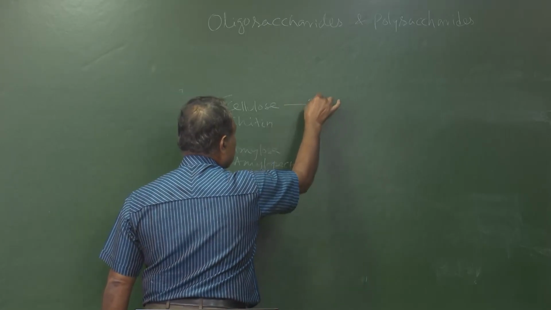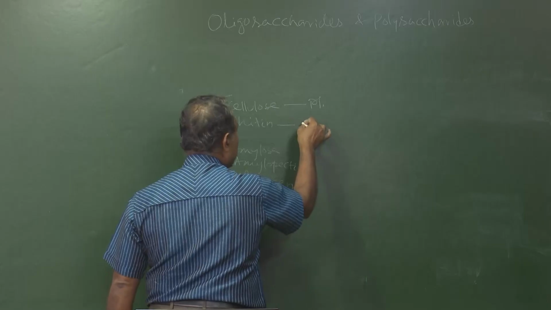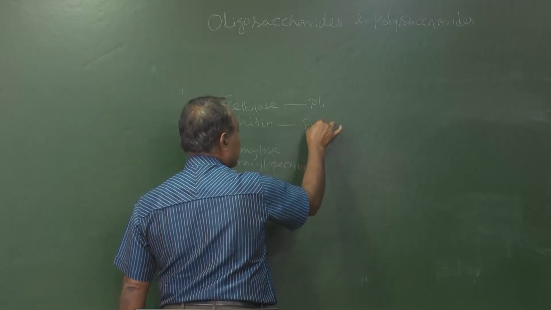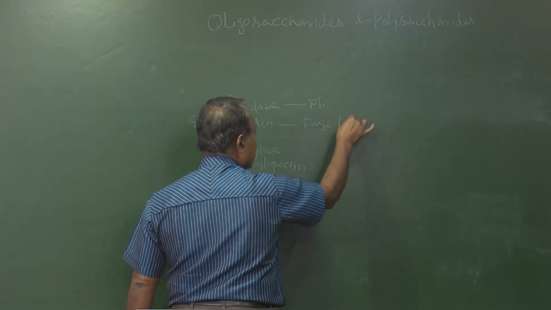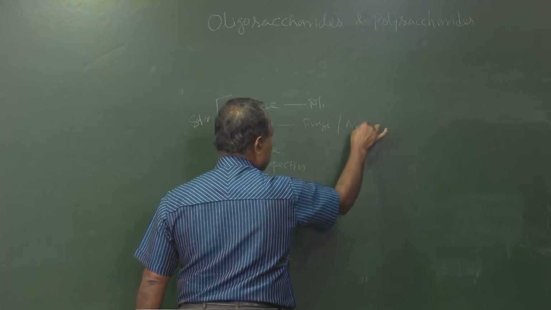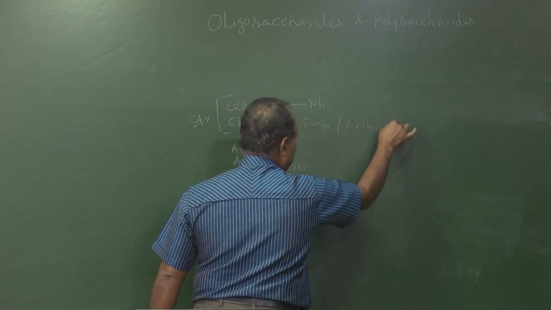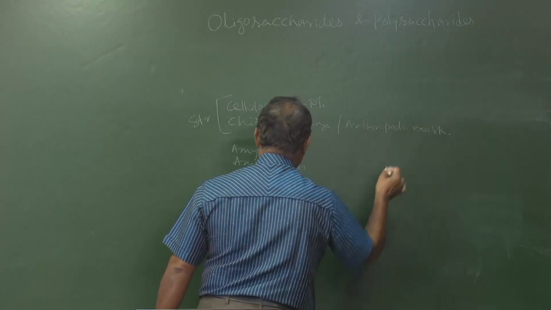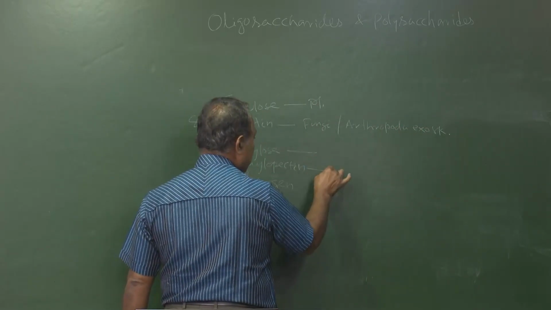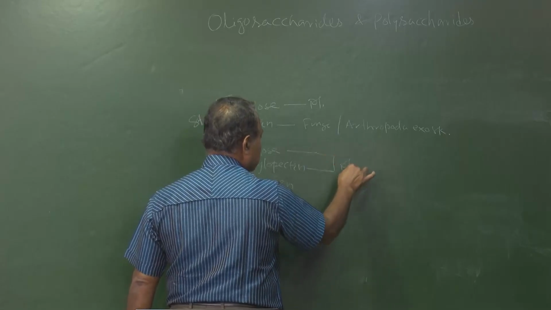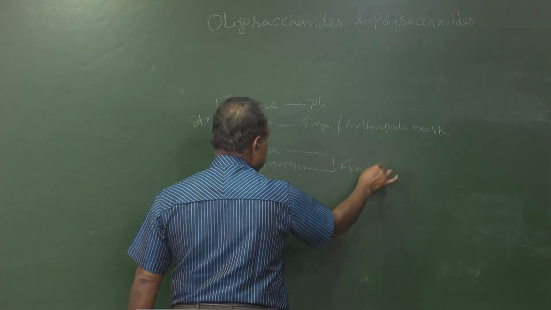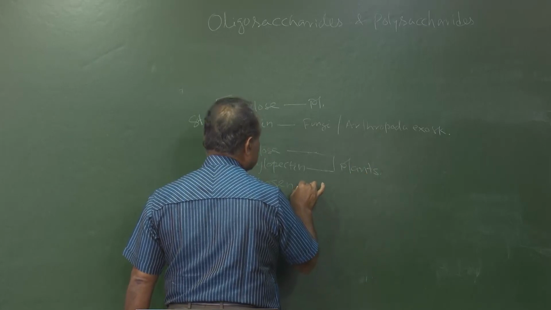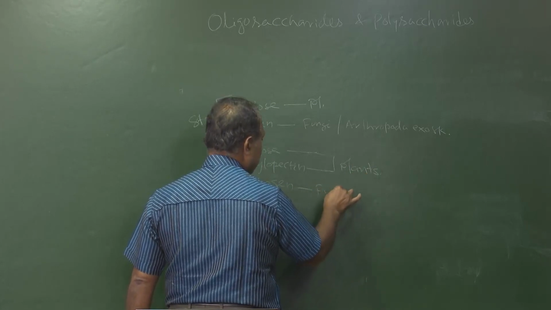Cellulose was found in plants, chitin was found in fungi and the exoskeleton of certain arthropoda. Now amylose and amylopectin are also found in plants, and glycogen is found in fungi and animals.